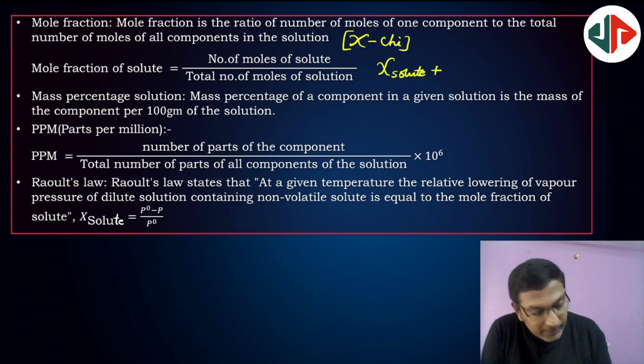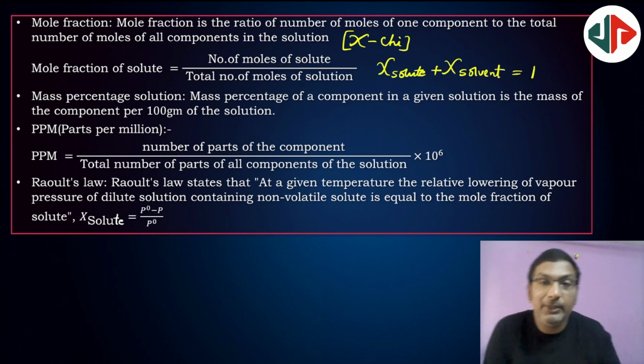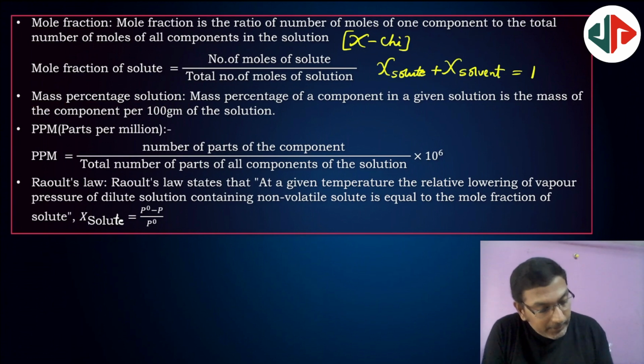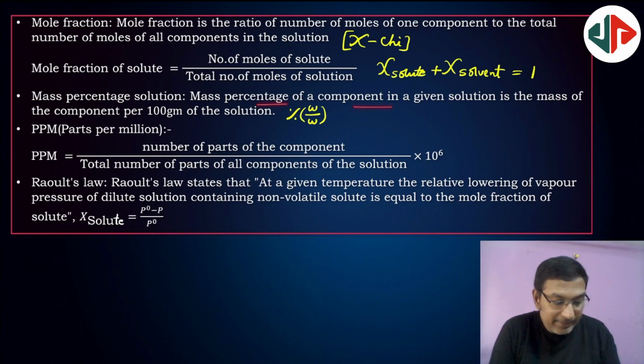So, mole fraction of solute and mole fraction of solvent will be equal to 1, unity condition. That means sum of mole fractions of all the components of solution will be equal to 1. Next, mass percentage or weight percentage. It is denoted with percentage W by W. So, mass percentage is the mass of component per 100 grams of solution.